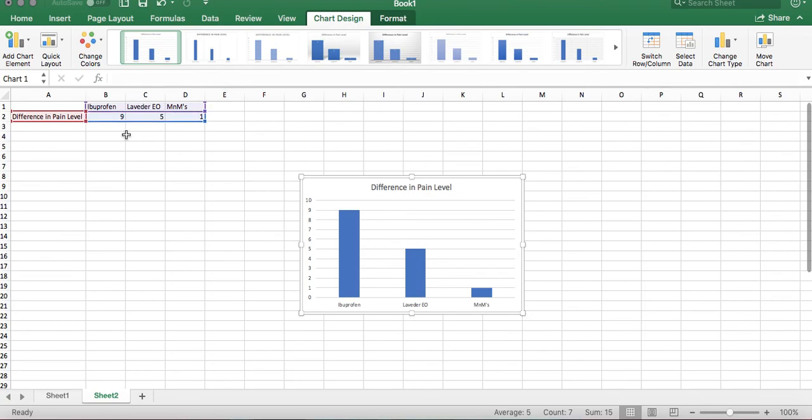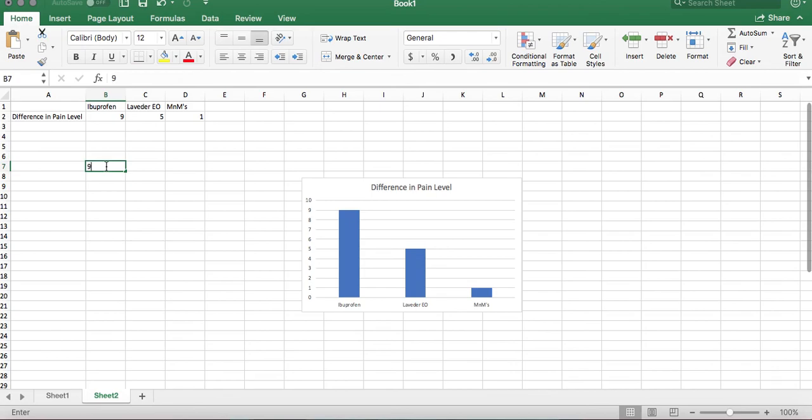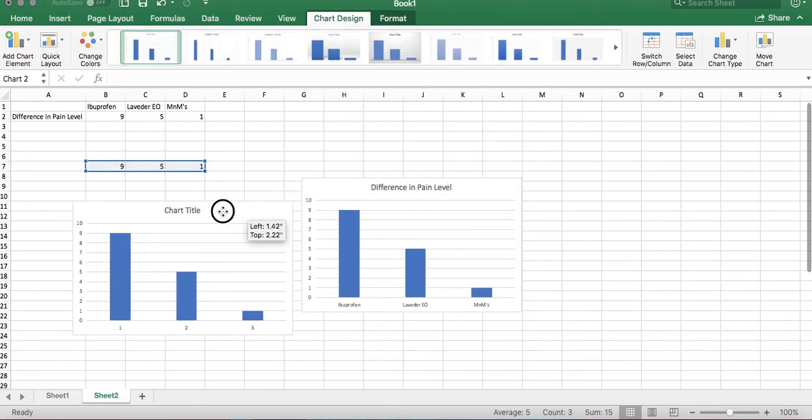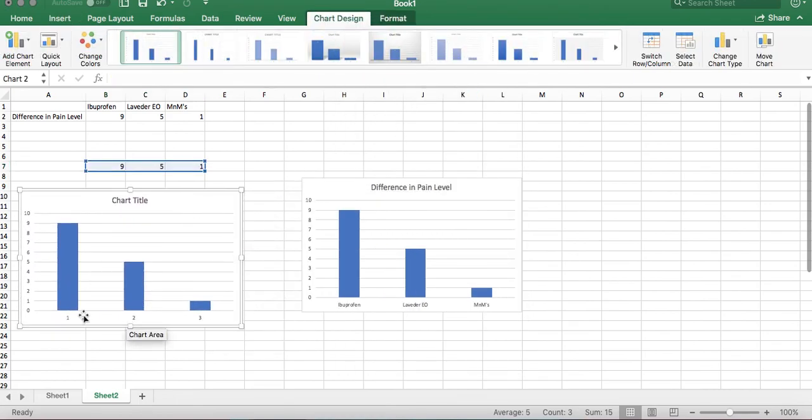Sometimes whenever you want to get data in there, let's say we did not identify our different levels of pain, and we just put this value number in here, but we didn't actually label anything, you can always still make a graph from that, and it'll make the exact same graph, but as you see down here, these are not labeled.